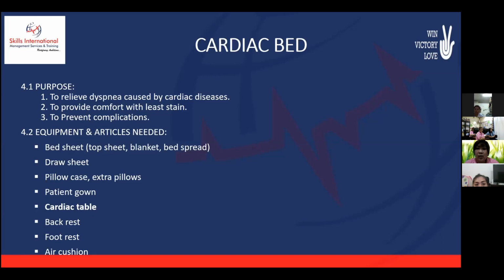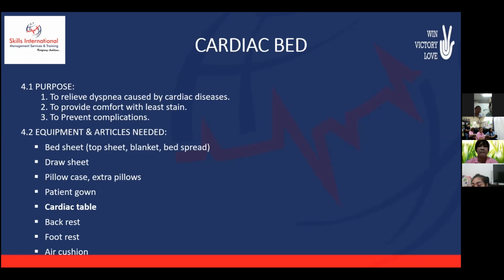Most patients with heart disease cannot sleep lying flat on the bed. So they prefer to sleep sitting in a Fowler's position with their head bowed down over the food table or the cardiac table as we call it, to provide comfort with less strain and to prevent complications.